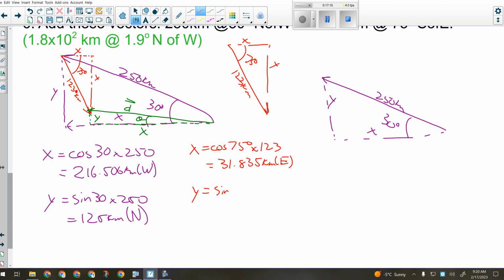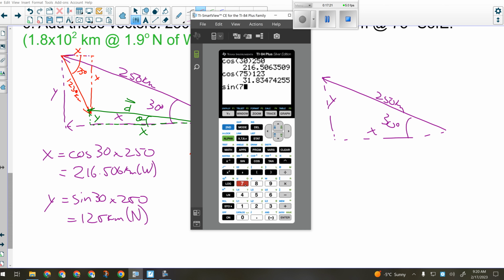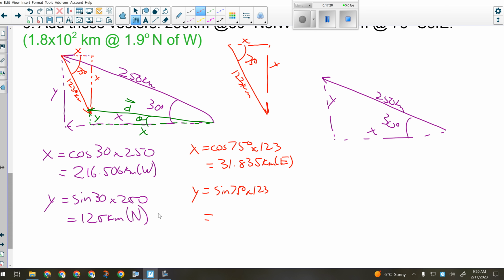Red y will be the sine of 75 degrees times 123. 118.809 kilometers south.